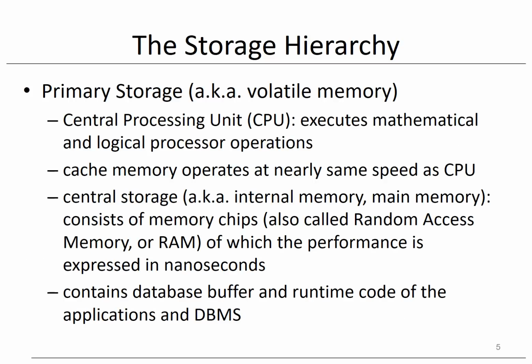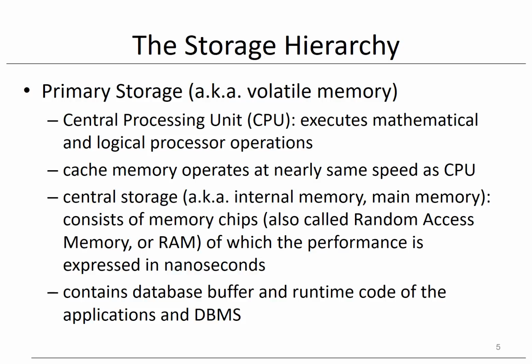The top of the storage hierarchy is the central processing unit, CPU, with its registers, in which the mathematical and logical processor operations are executed. Most often, some high-speed cache memory is physically integrated with the CPU and/or with the motherboard that contains the CPU. Cache memory operates at nearly the same speed as the CPU.